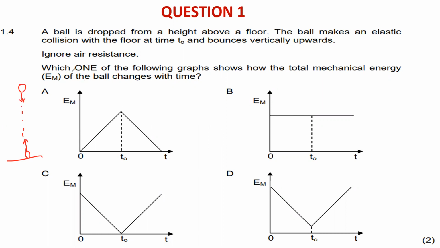Let's see what they ask. Which one of the following graphs shows how the total mechanical energy? Okay, total mechanical energy graph. So if the object is going down, what kind of energy transfer is happening? Potential energy, E potential, transfers to E kinetic, right?